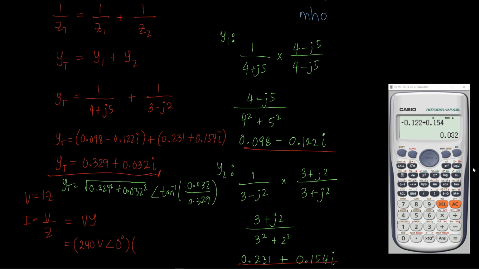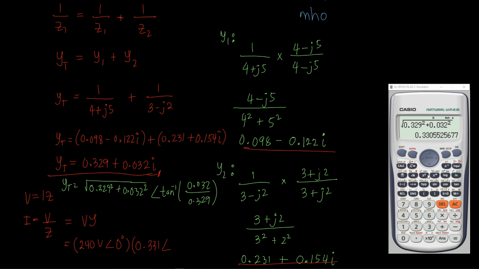So, i-solve daan 0.329 squared plus 0.032 squared. Naa tay 0.331.